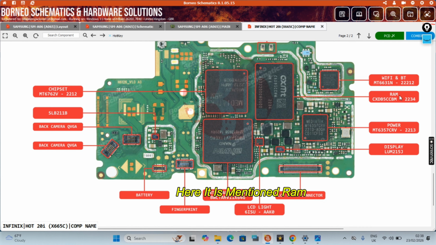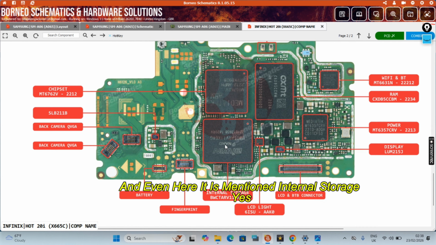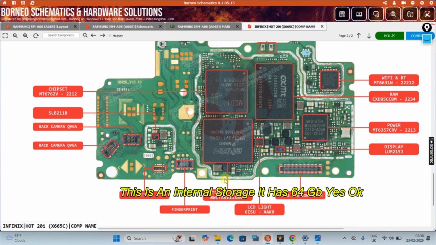Here it is mentioned RAM, and even here it's mentioned internal storage, what we call eMMC, embedded multimedia card. This is an internal storage. It has 64 GB. Many components are mentioned here.